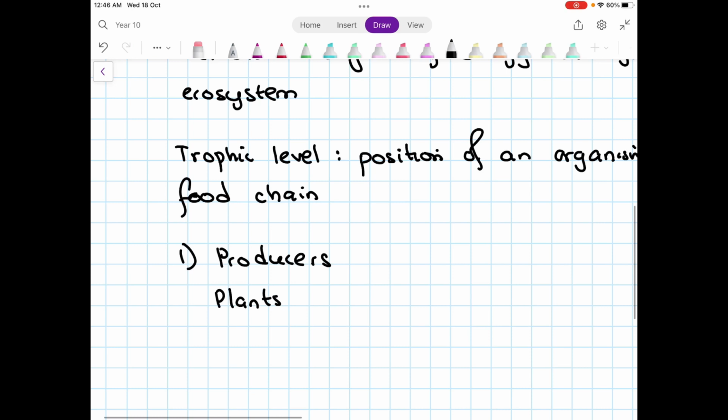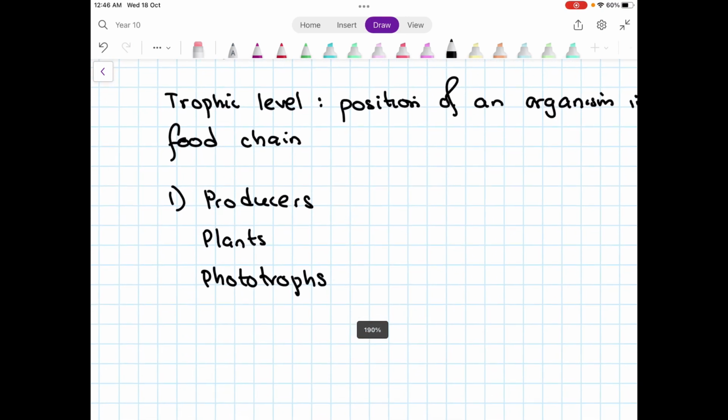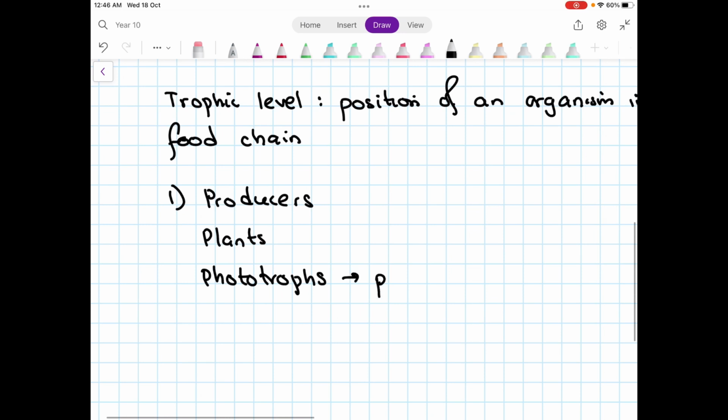So first of all, we have producers, for example, plants, which are phototrophs, and they produce their own food through the process of photosynthesis.